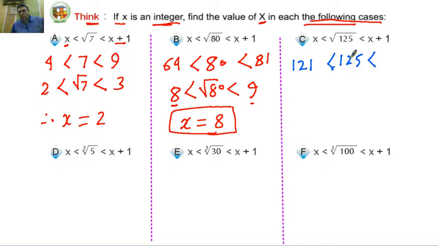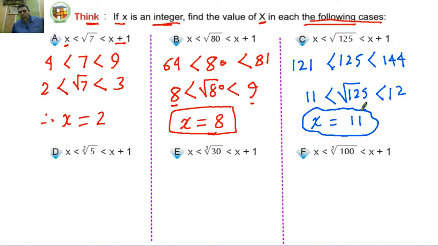The perfect square greater than 125 is 144. By taking the square root of all three sides, square root of 125 is greater than 11 and less than 12. Then x equals the smallest number, 11. x equals 11, as you see.